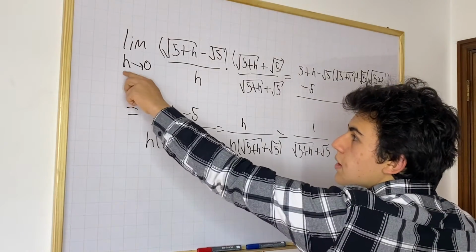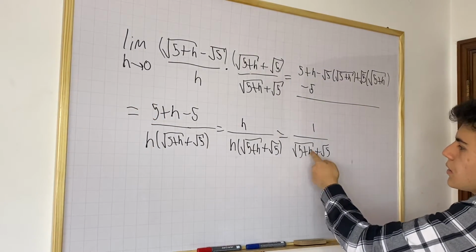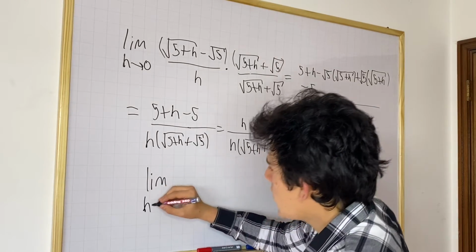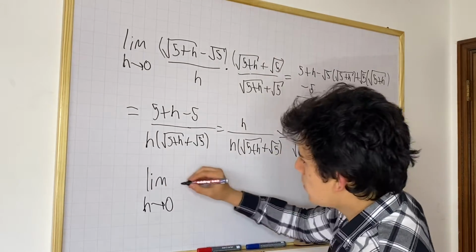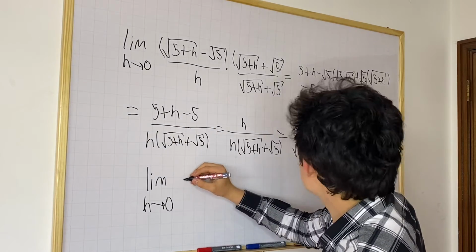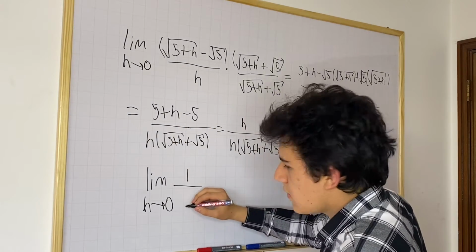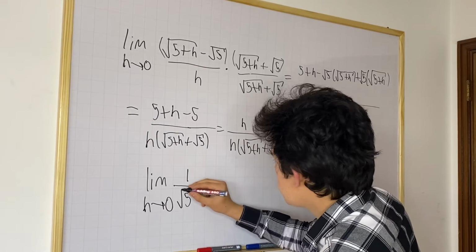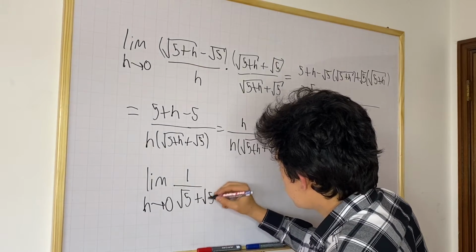Now the limit is h approaching 0, so we evaluate the limit in the expression: square root of 5 plus 0, same thing, plus square root of 5.